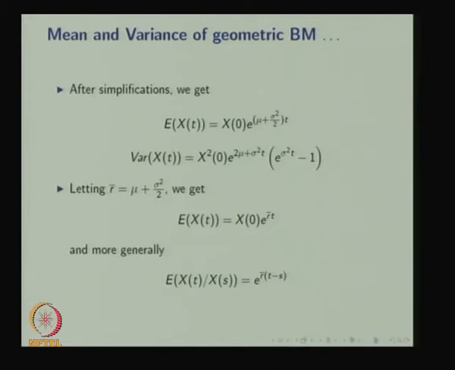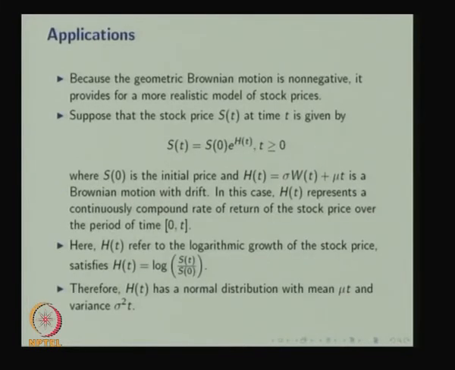So in this way, we are finding the mean and variance of geometric Brownian motion using the moment generating function of a normally distributed random variable. As an application, the geometric Brownian motion is non-negative, because of the form X t is equal to x naught e power W t, and W t has a range minus infinity to infinity, and therefore the range of X t is 0 to infinity.